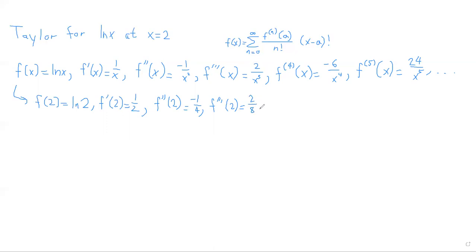It gave me a better pattern when I did it this way. The fourth derivative of 2 is negative 6 over 16. And the fifth derivative at x equals 2 gives you 24 over 32.